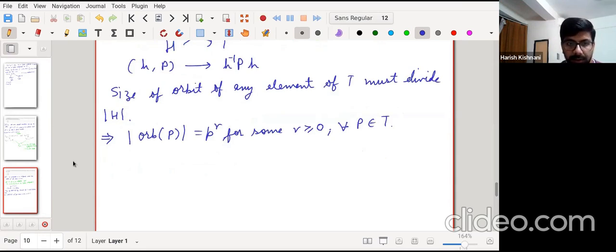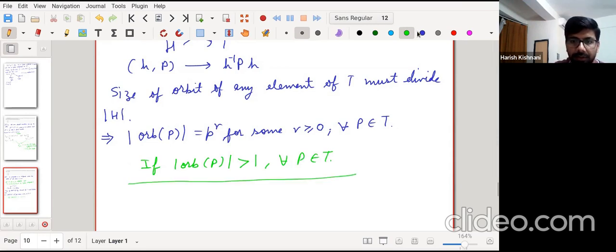Now let's split it into two cases. I'm using a different color to distinguish. So if the orbit of p is greater than 1 for all P belonging to T, then what happens?